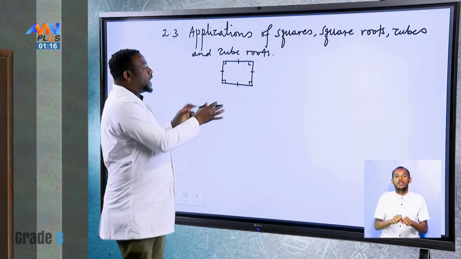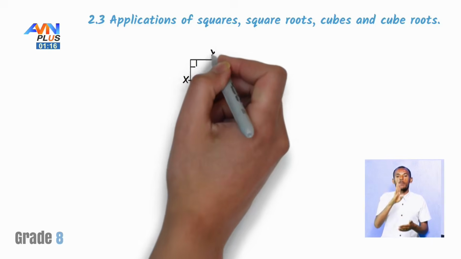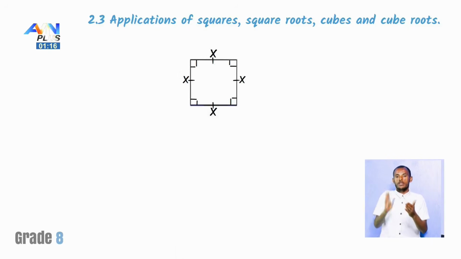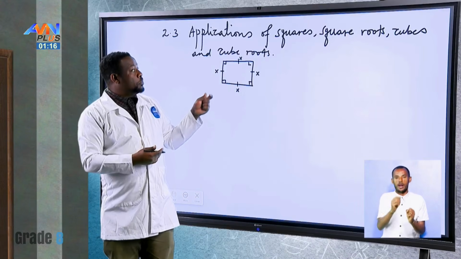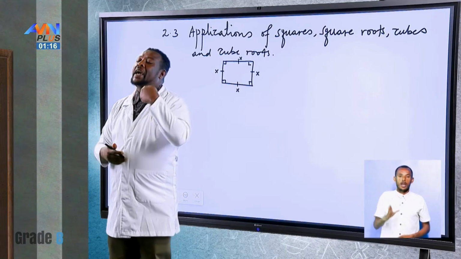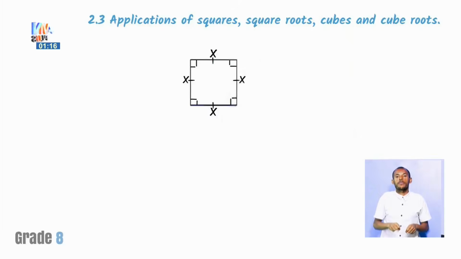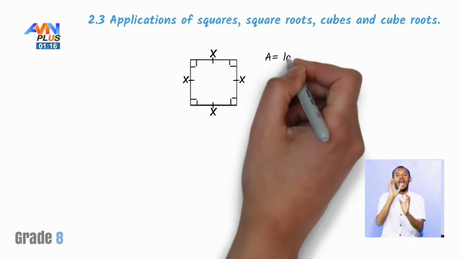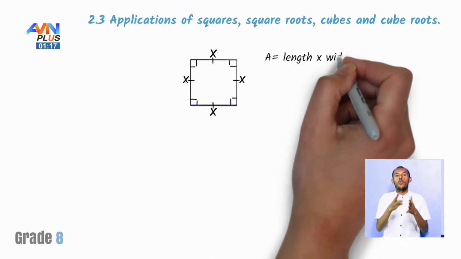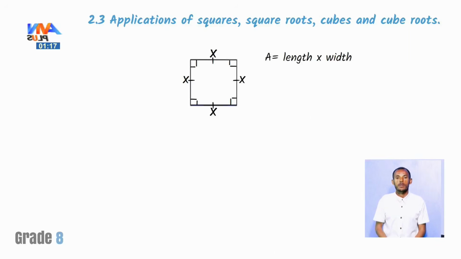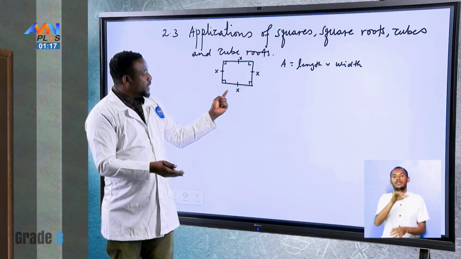So if the length of the side is x, all the sides become x. Okay, so we can create a relationship between the side and the area of a square. Okay, so area is calculated as length times width, right? But here the length and the width are the same, which is x.